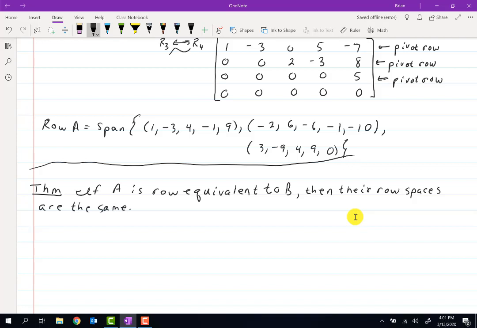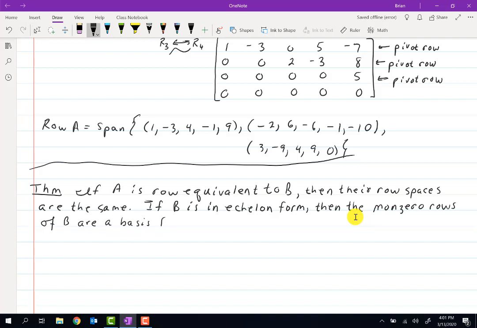Now, furthermore, if B is in echelon form, then the non-zero rows of B are a basis for row A.